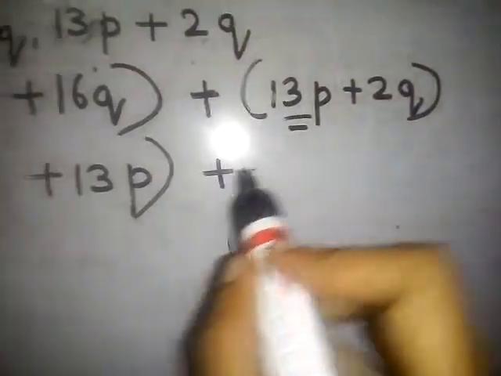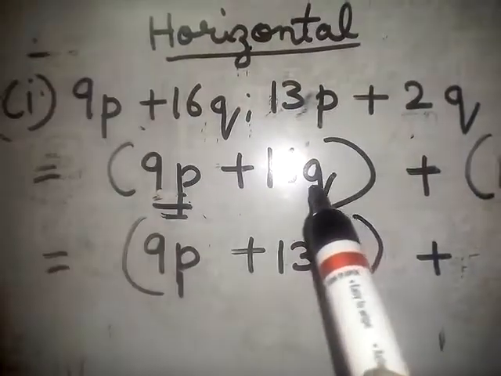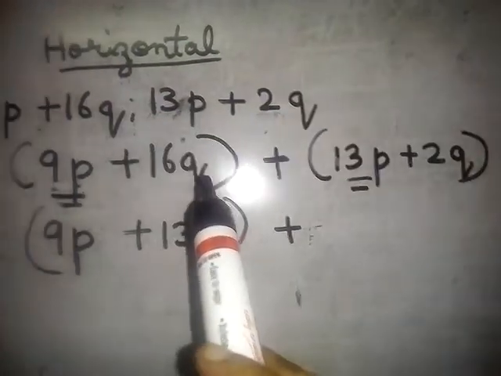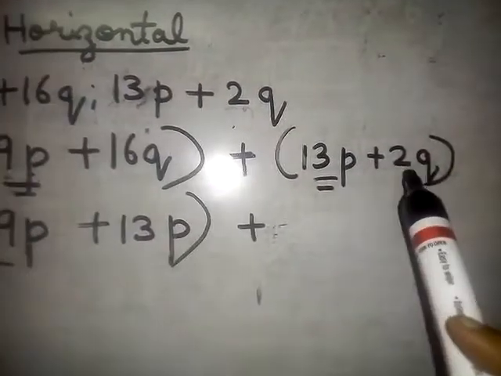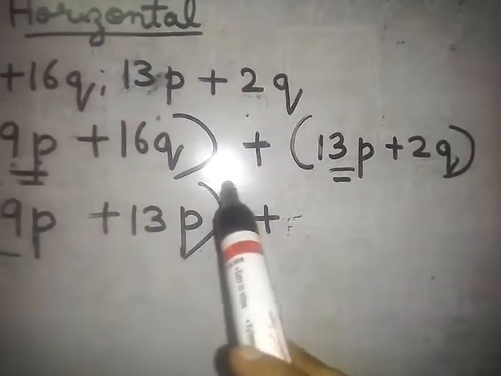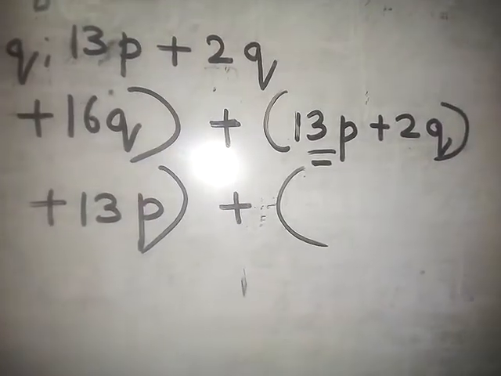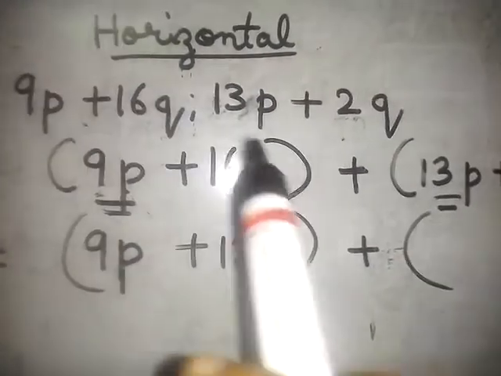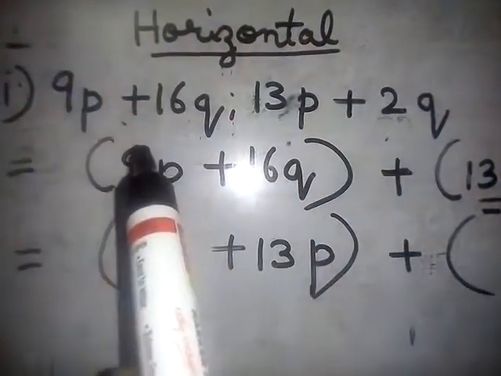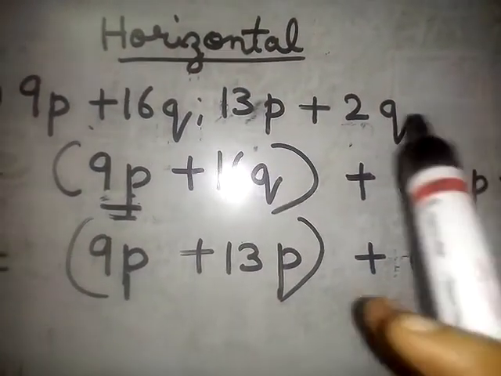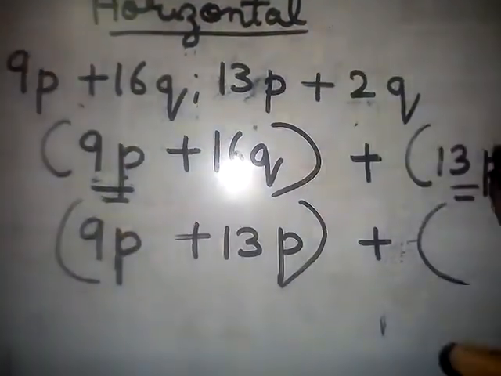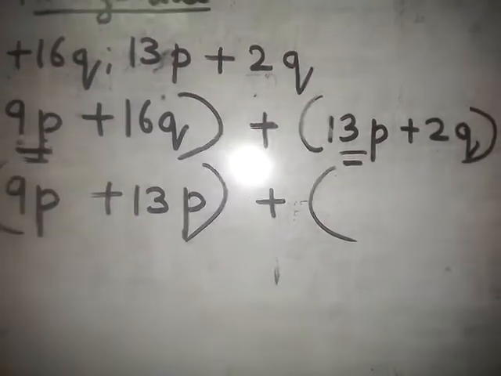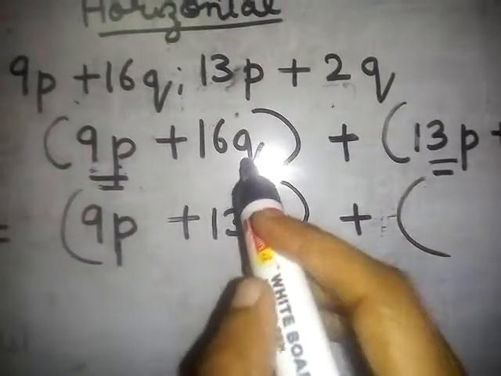Plus, now another variable we'll see. We have another variable 16q. 16q plus 2q. That you have to write together in another bracket. Because we have the different variables here, and it is when the question is given both in mixed variable. They are not given in like terms variable, both in mixed variable they are given. You have to write in like terms form. So second one variable is what?